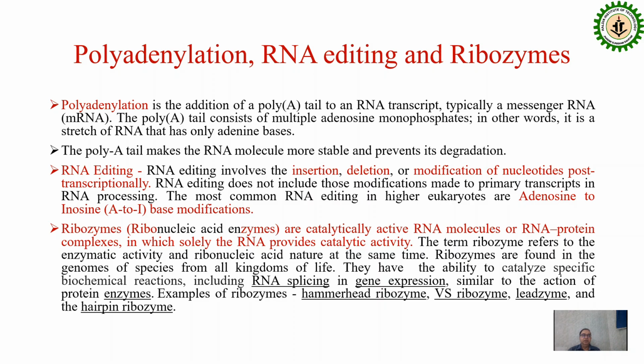In other words, it is a stretch of RNA that has only adenine bases. So you can easily recognize the 3' end by just checking for the poly A tail. What is the function of the poly A tail? It imparts stability to the RNA and prevents its degradation.